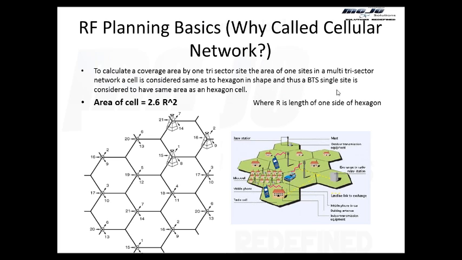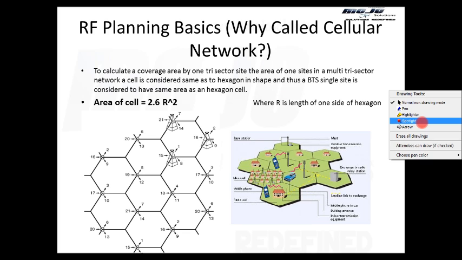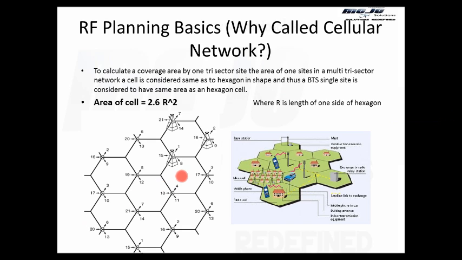So theoretically, your human mind says that if it's a hexagon, the node B should be at the center of the hexagon with 3 sectors. No. At the corner of each hexagon, there is a sector pointing towards the center of the hexagon. You can see this pointing towards the center of the hexagon.